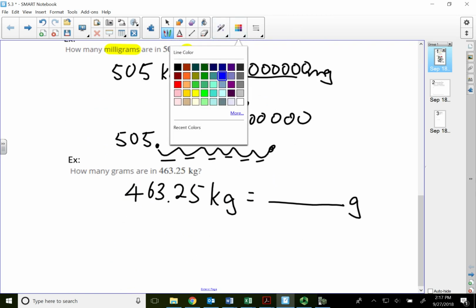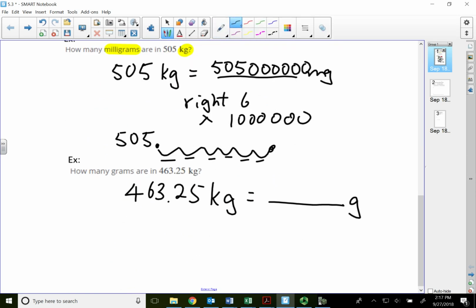So that is simply moving the decimal to the right 3 places. Hopefully by now you can see that moving this decimal to the right 3 places will only give you 1 empty slot, because the 2 and the 5 already took up 2 spaces. So there's 1 empty slot to put my 0 in.